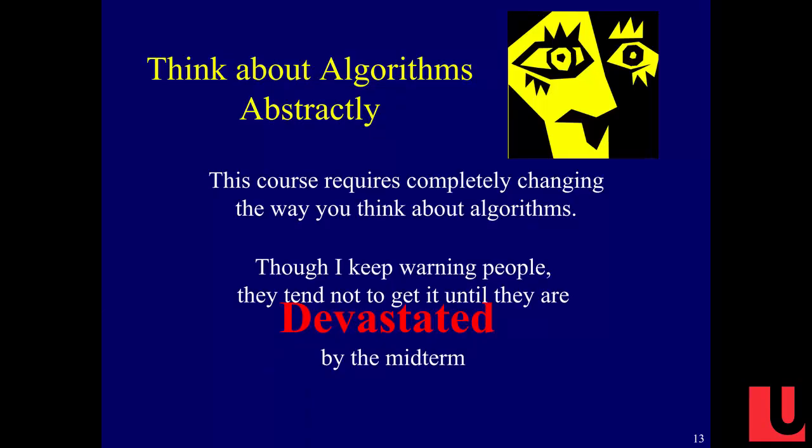abstractly. What I mean by that is, if you're standing in a crowded subway with your buddy and you needed to talk about an algorithm, would you give them code? Would you say the first line of code is i equals 0?